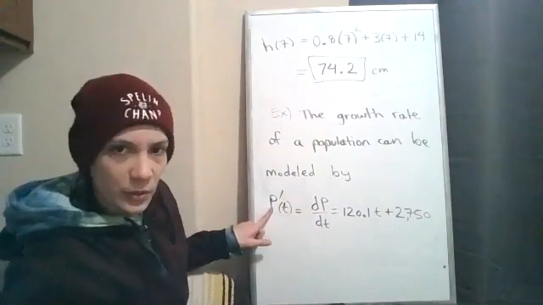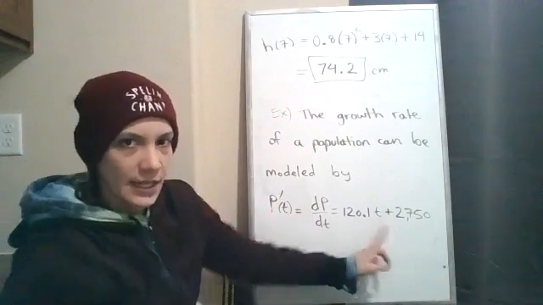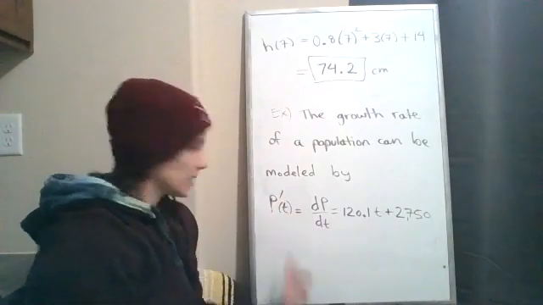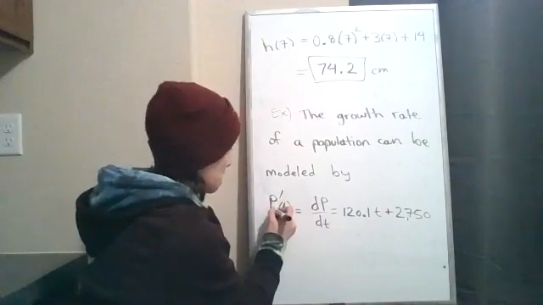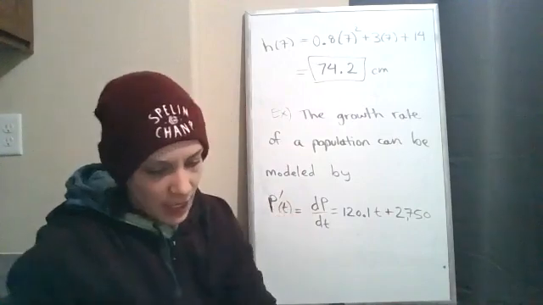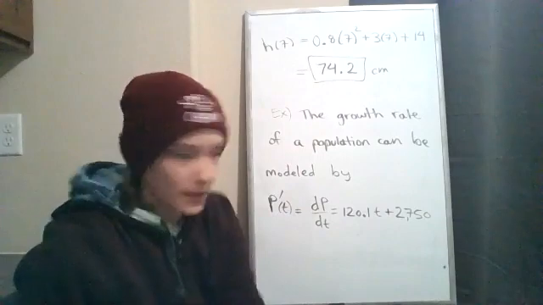So the derivative of p with respect to t models the population size. And you're told that t is time in years.